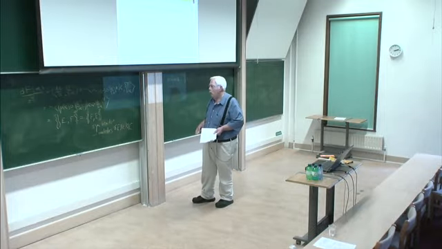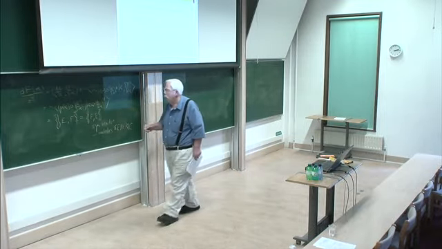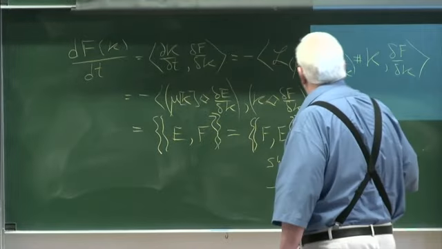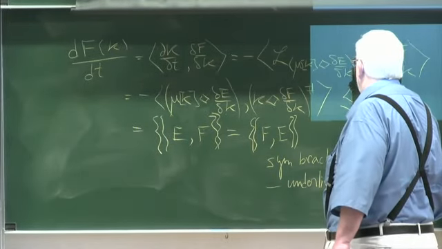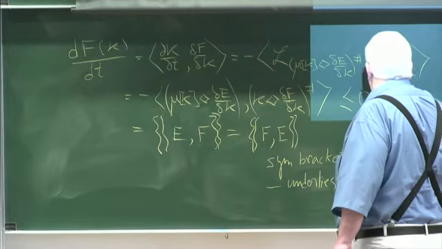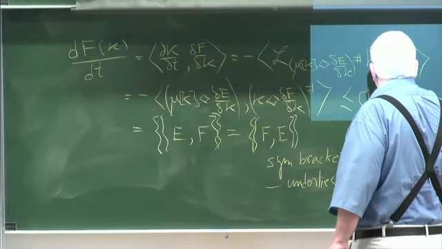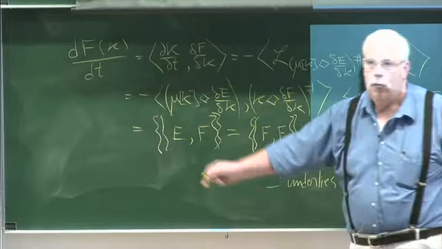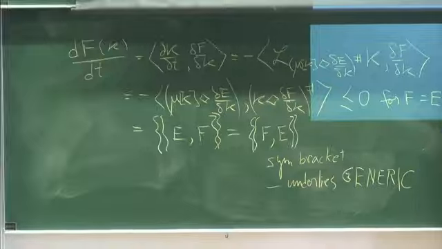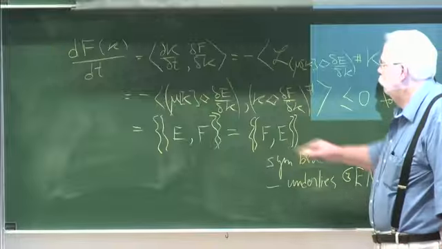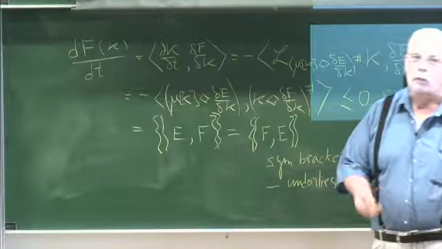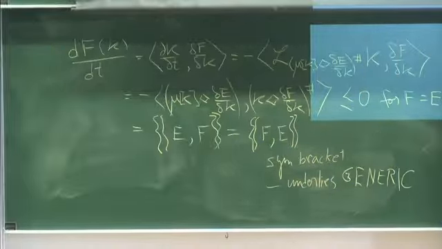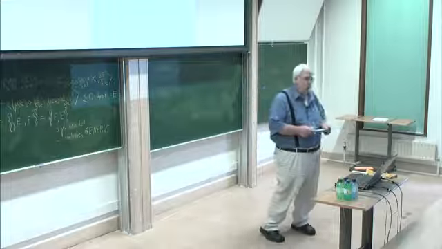The other feature about this is that this guy is less than or equal to 0 for F equals E. So this energy is going to decay. Right? And it's going to go, when it decays, to a critical point of E, which is how we define gradient flows in the thermodynamic aspect.